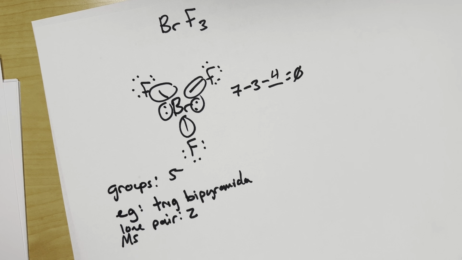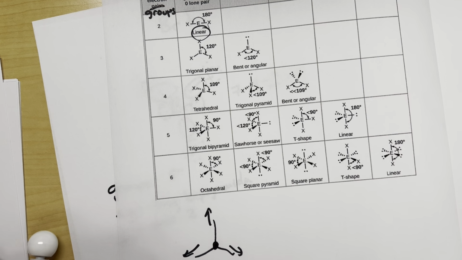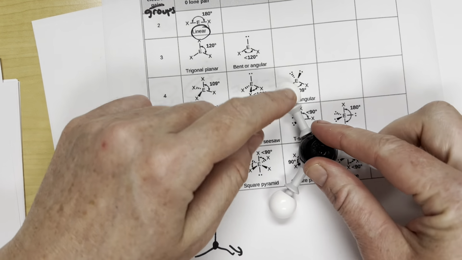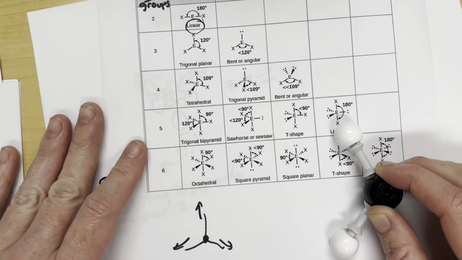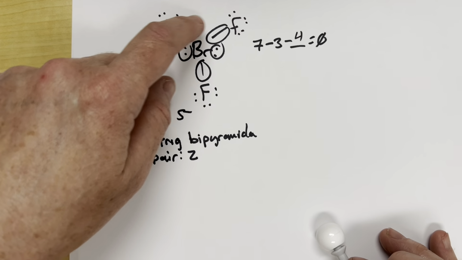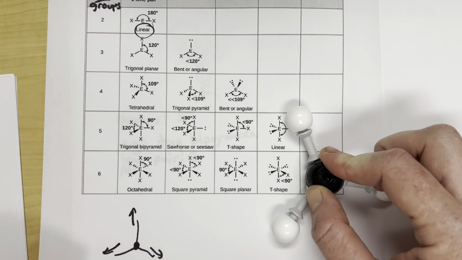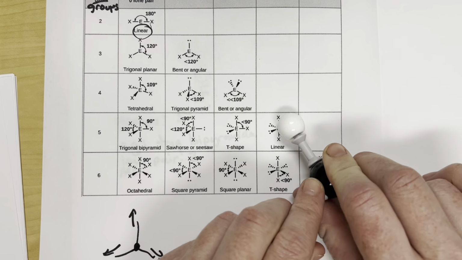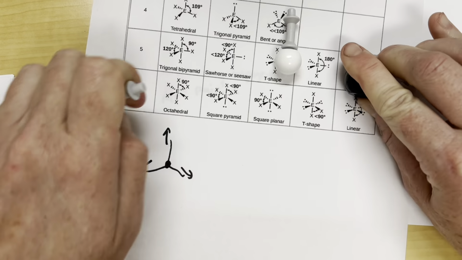Okay, but when we go look at this over here, so it's got the 3 things like this, and it has 1 up here and 1 down here, right? So if it's trigonal bipyramidal, 1, 2, 3, 4, 5, and it has 2 lone pairs, where it's taking those 2 lone pairs is from here and here.